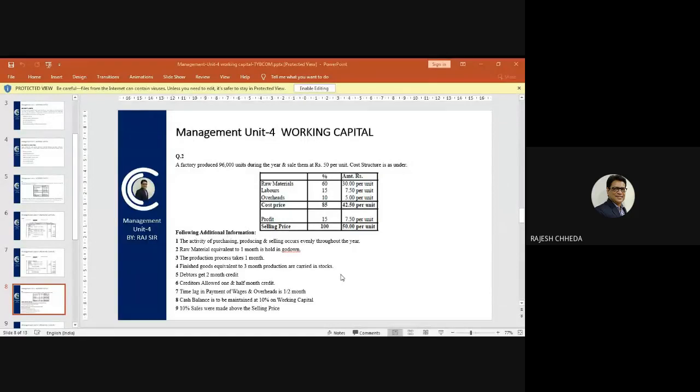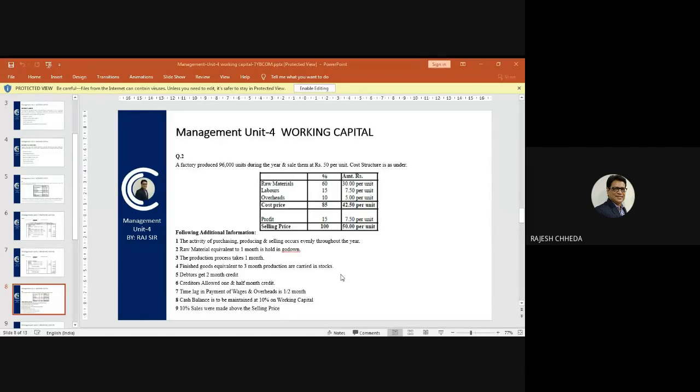Now let's move further. Raw material equivalent to 1 month is held in the godown. So this first information is your first calculation: in my godown, I need to keep 1 month's stock of raw material.